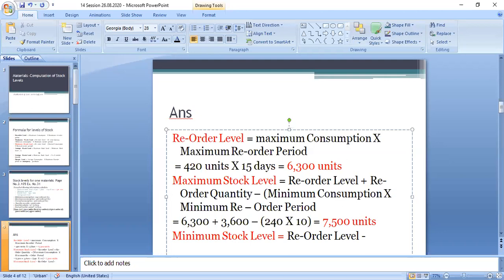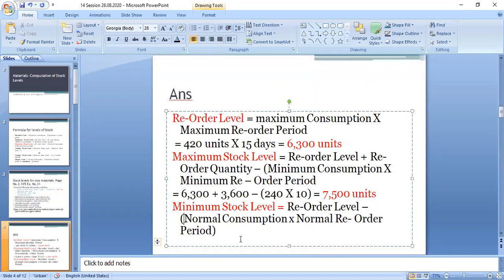For the reorder level, maximum consumption and maximum reorder period are taken. For the minimum stock level, you have to take normal consumption into normal reorder period. This is the formula for calculation of minimum stock level.